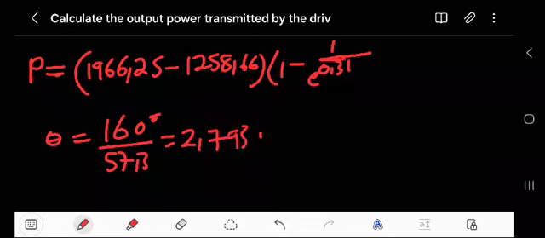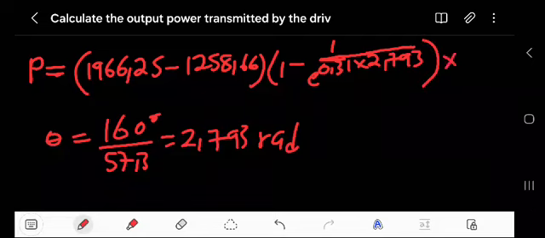2.793. Remember, our angle is in rads, right? So we have that is equals to, multiply by what? 2.793, all over like this, multiplied by the velocity, which was 28.3.